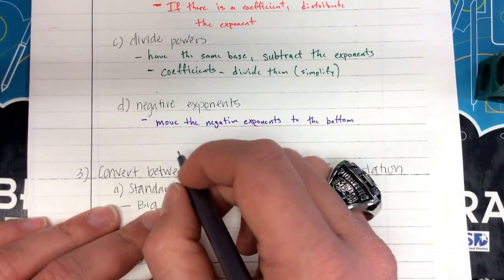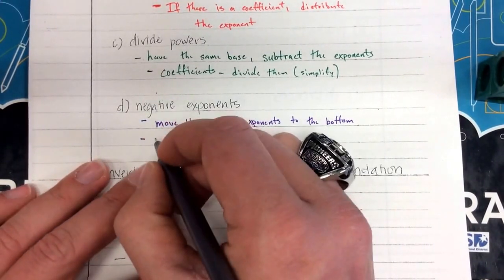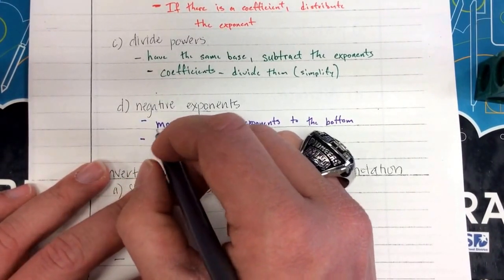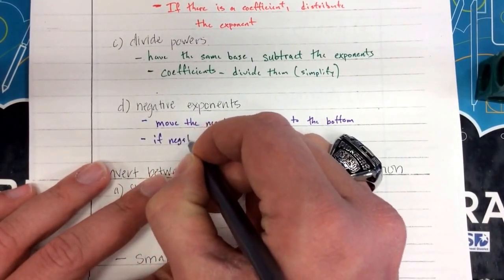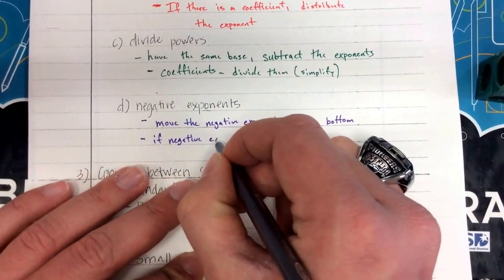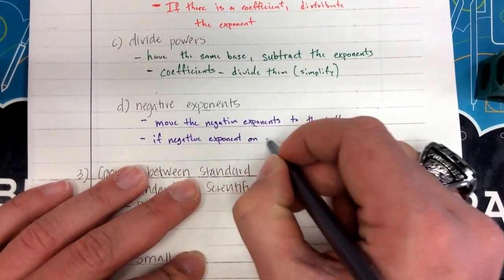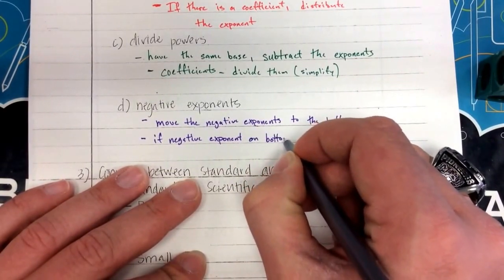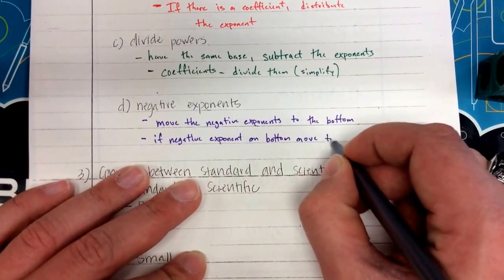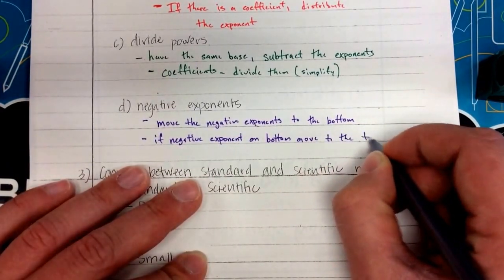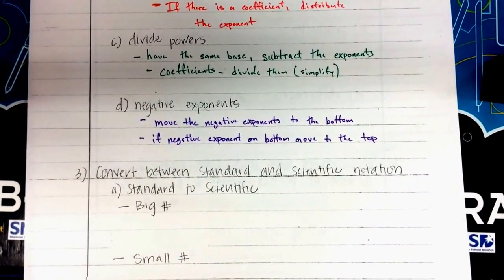So if there is a negative exponent in the denominator, move it to the top. And one more time, why do we need to do that?